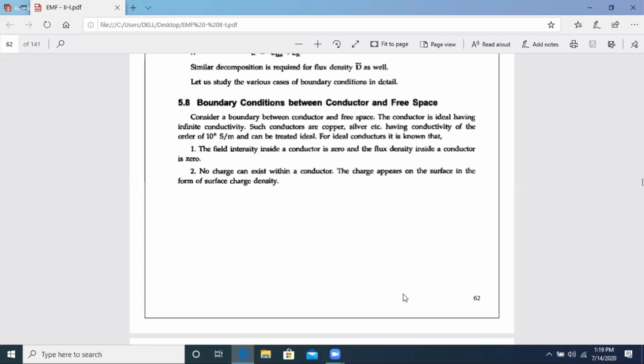Now, let's do the first case. The case with a conductor and free space. The conductor is ideal, having infinite conductivity.